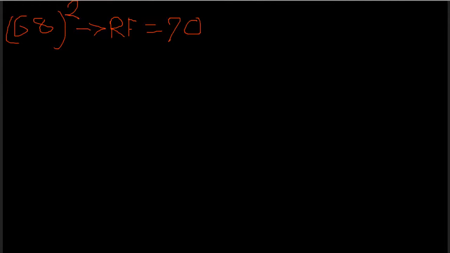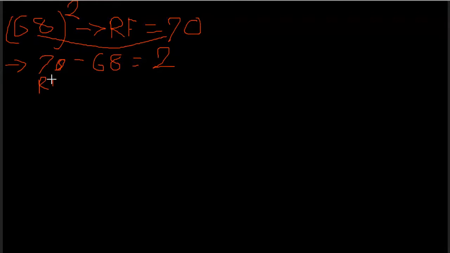Now in the first step, we need to take the difference between our original number and the round figure. The difference between 70 and 68 would be 2.